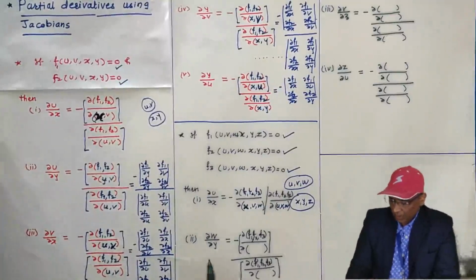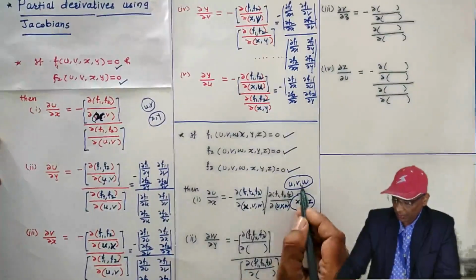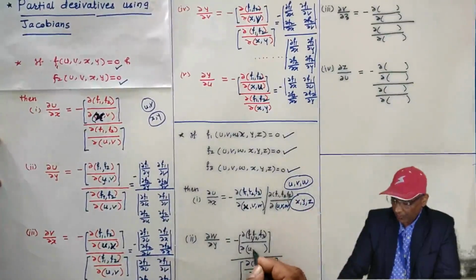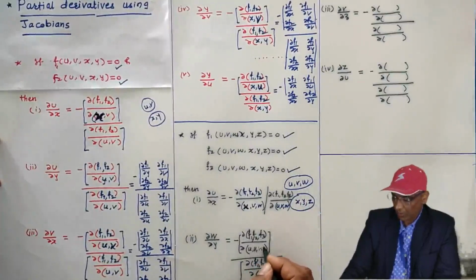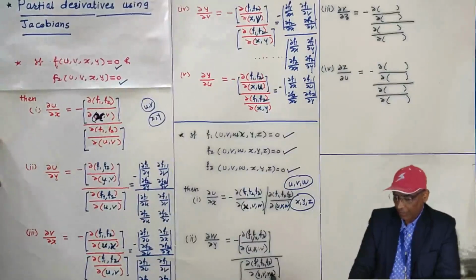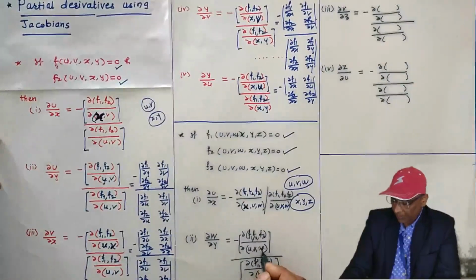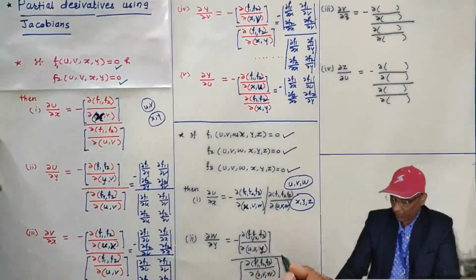Now w is present in the numerator. W comes under the group of u, v, w. So I am writing here u, v and w. But in the numerator Jacobian, replace w by y. Now this has become the perfect formula for it.